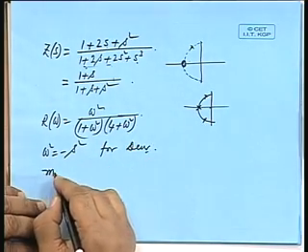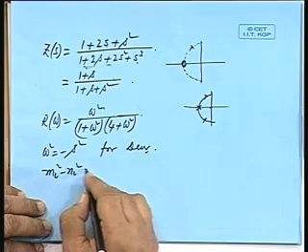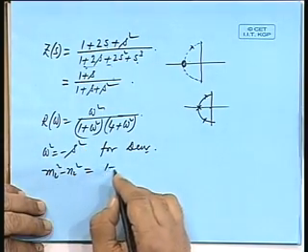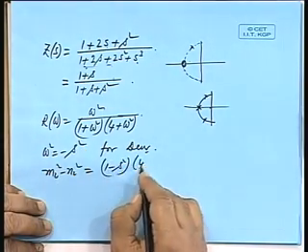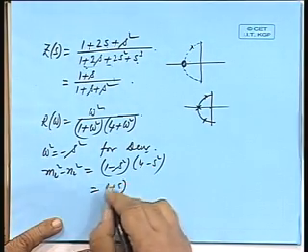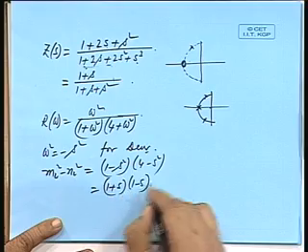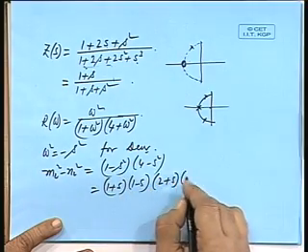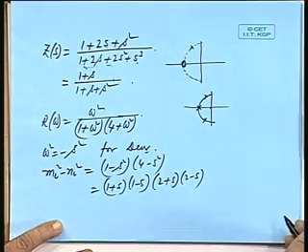Then that will give you m2 square minus n2 square. So 1 minus s square into 4 minus s square, alright. So this is 1 plus s into 1 minus s, and this is 2 plus s into 2 minus s, is it not?